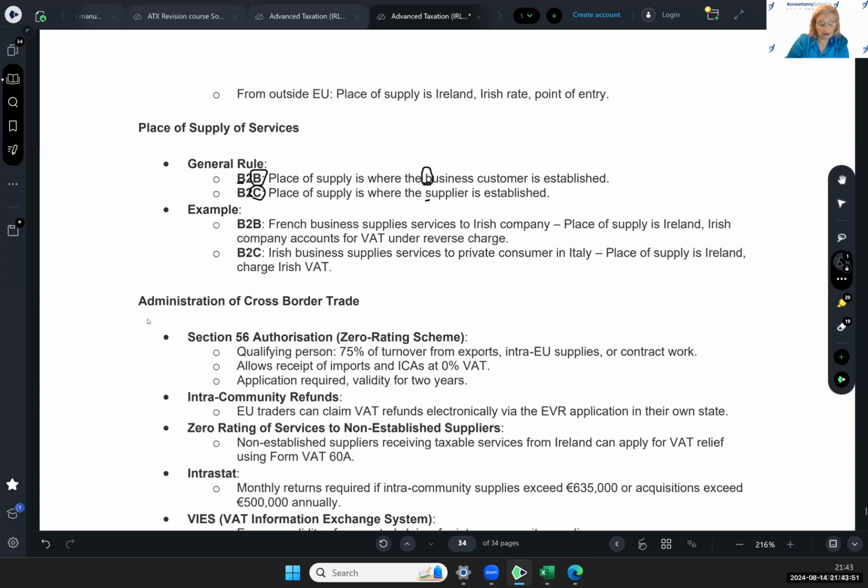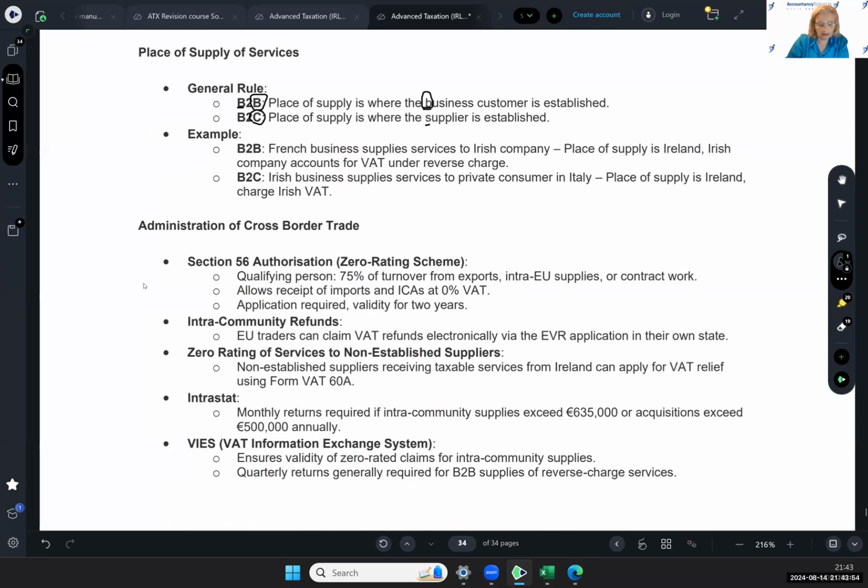Administration of cross-border. So this came up in one of the questions that I had intended to do, but I let you do them for homework instead. So your section 56 authorization, what this does is it gives the person who has this authorization the ability to buy goods and services and not be charged VAT on them, except for non-deductible items.